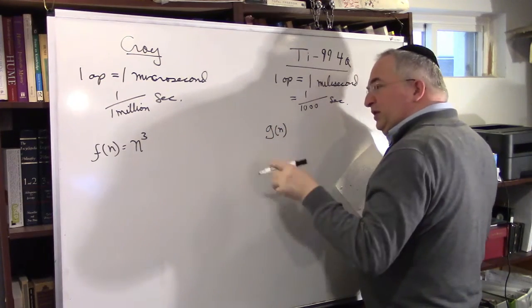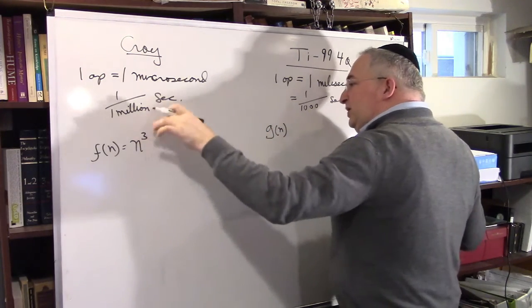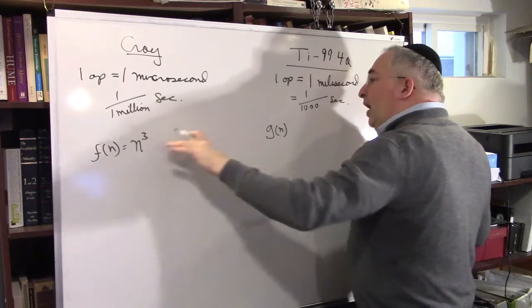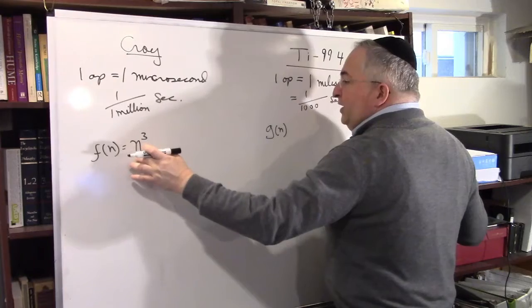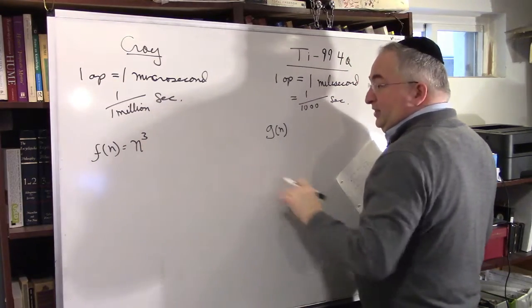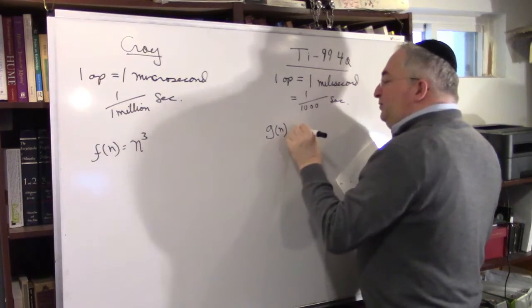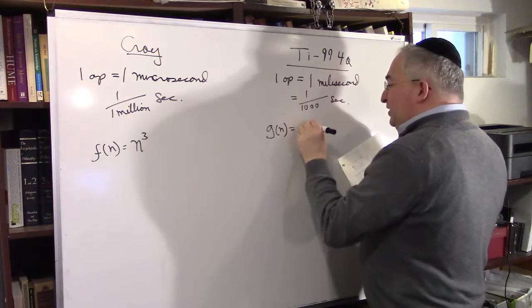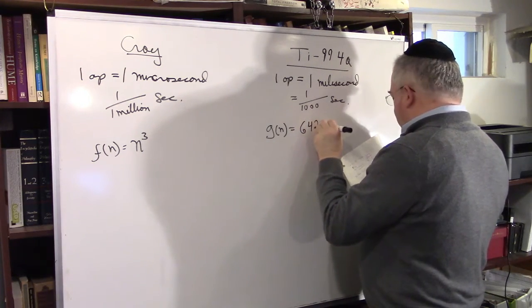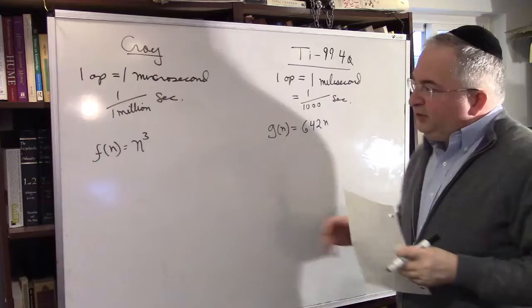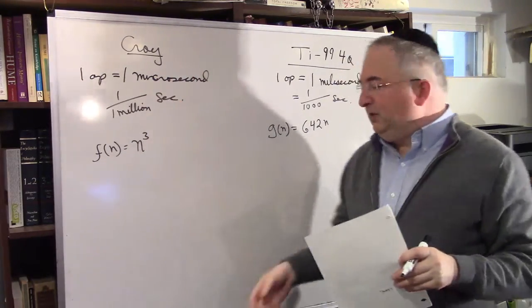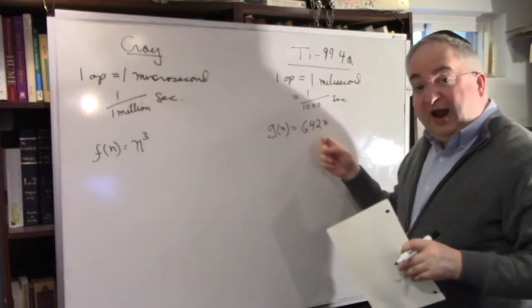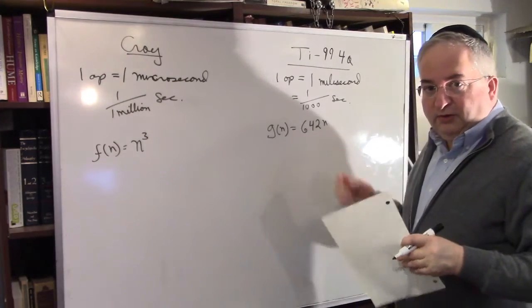Imagine we're solving a problem, and the crazy supercomputer programmer does it in such an algorithm, and I can do it in 642n. In other words, they're lazy because they have such a fast supercomputer. I was careful, and so I wrote an algorithm like that.